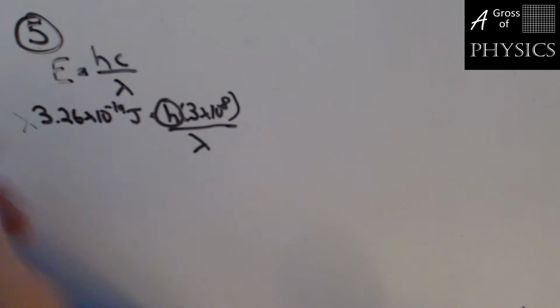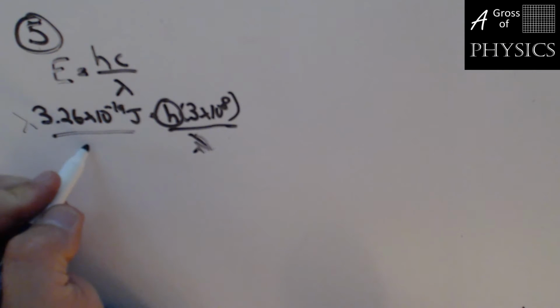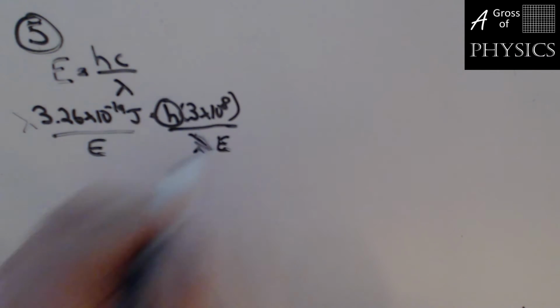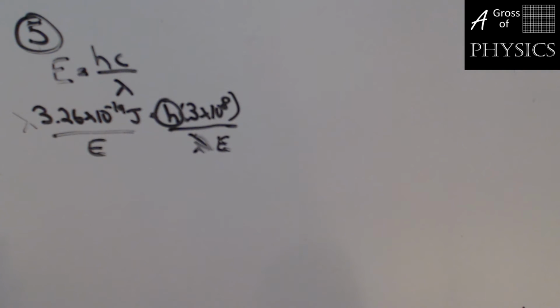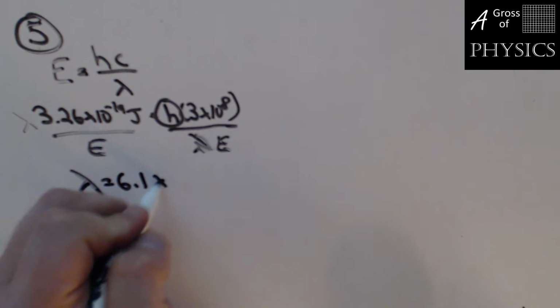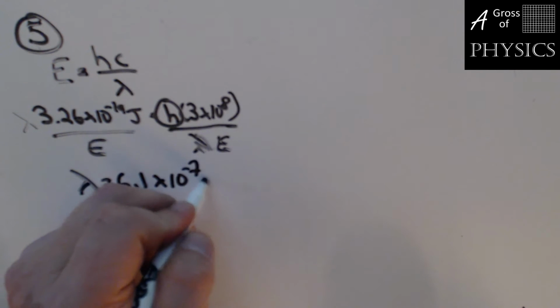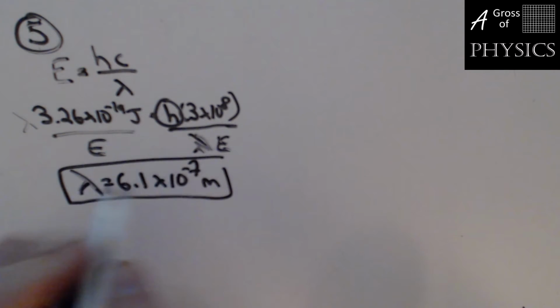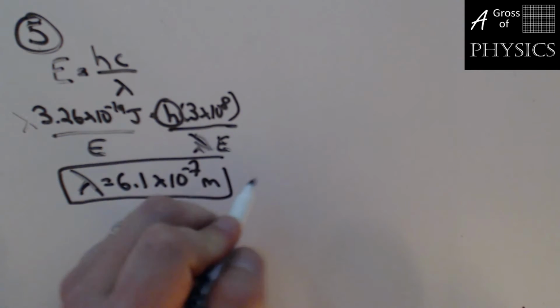The lambda's over here. And then we divide by the energy, 3.26e negative 19. We end up with a wavelength of 6.1 times 10 to the negative 7 meters. And that's going to be choice 1.